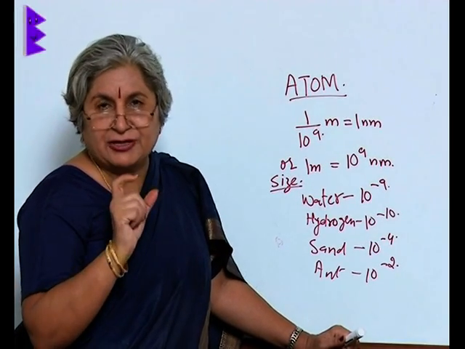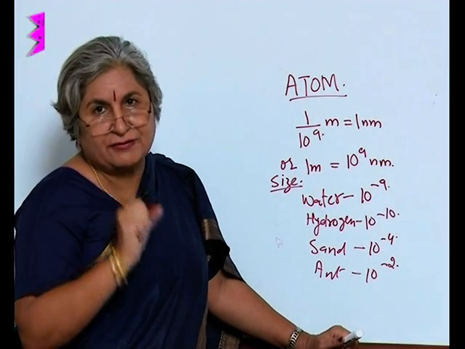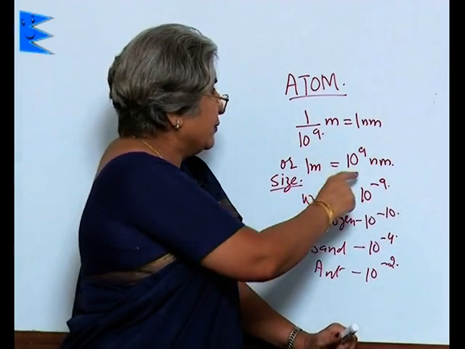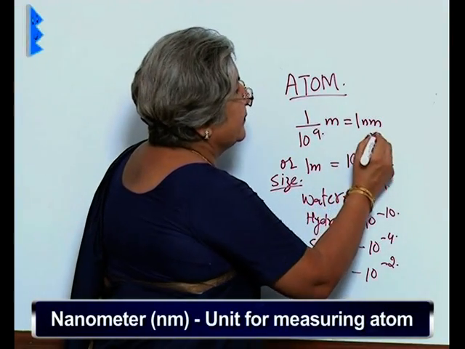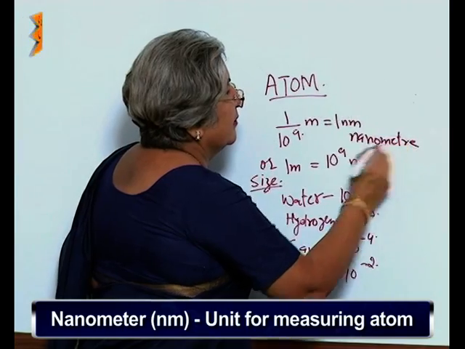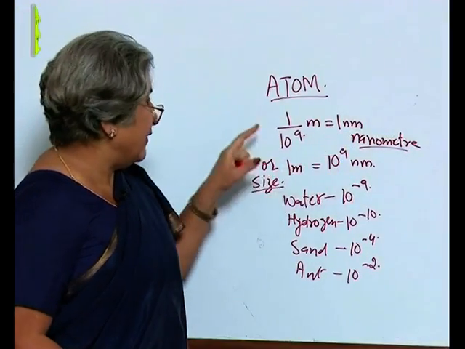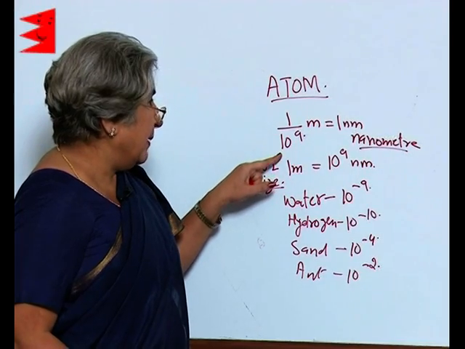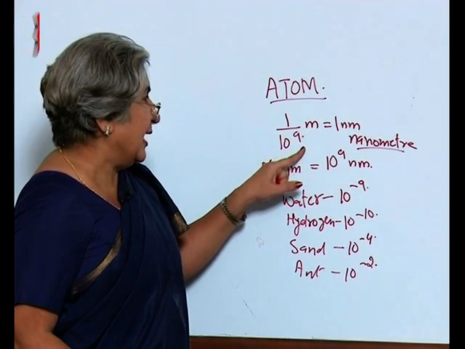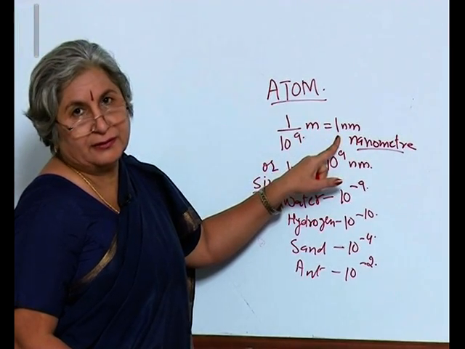You know, for measuring there is always a unit. In the case of atom, because it is very small, the unit we use is nanometer, which is denoted as nm. So, what we find is 1 by 10 raised to the power of 9 m is equal to 1 nanometer.